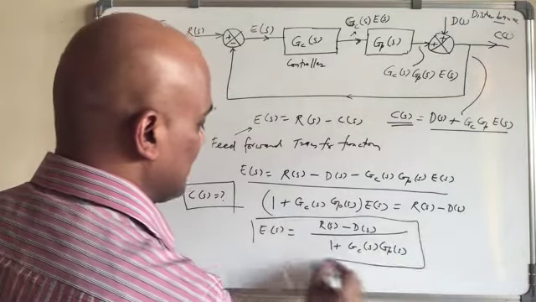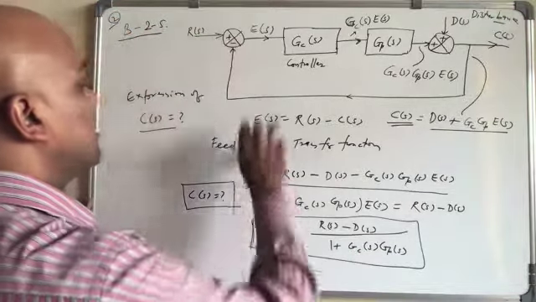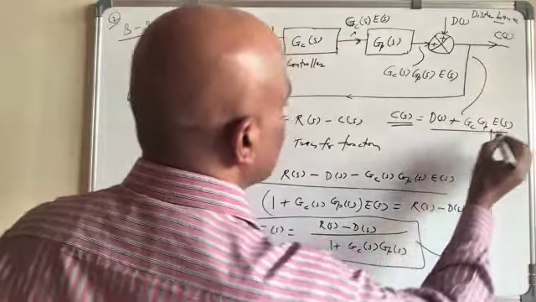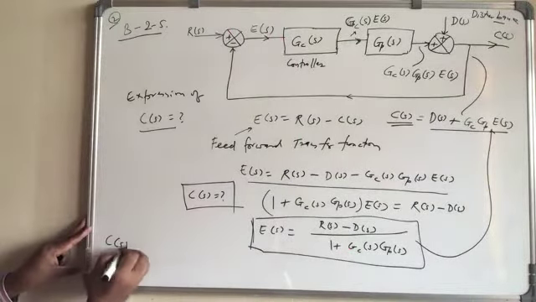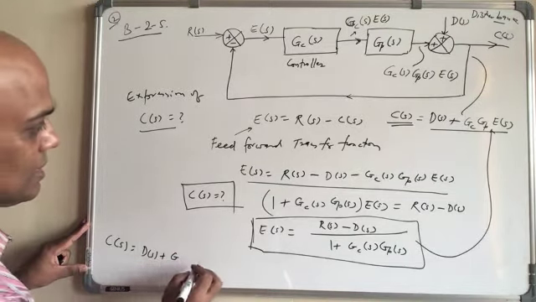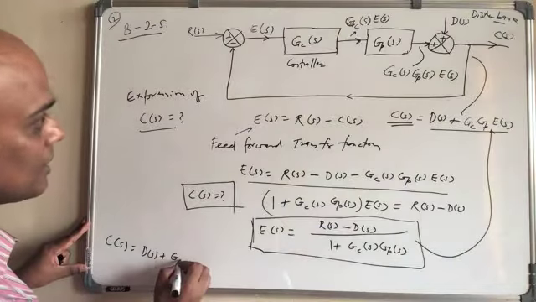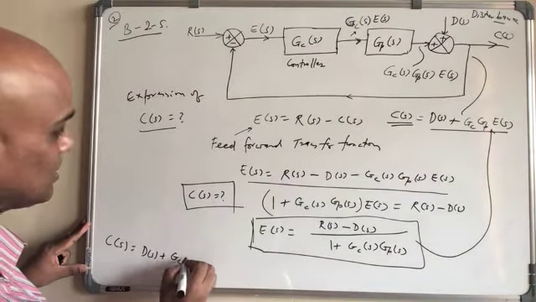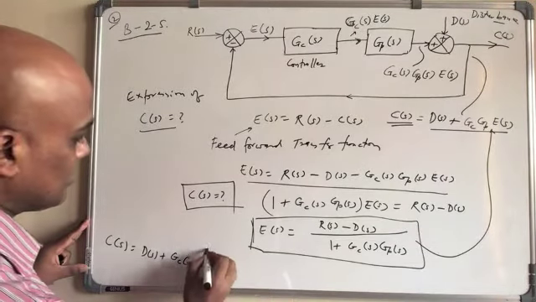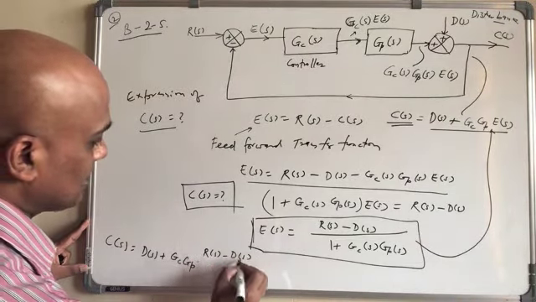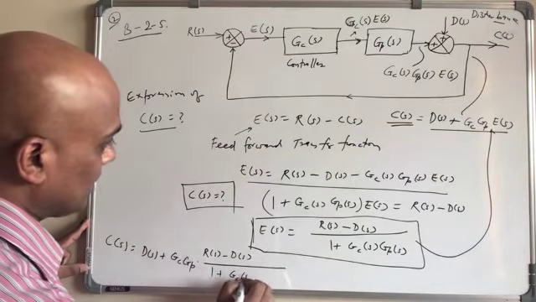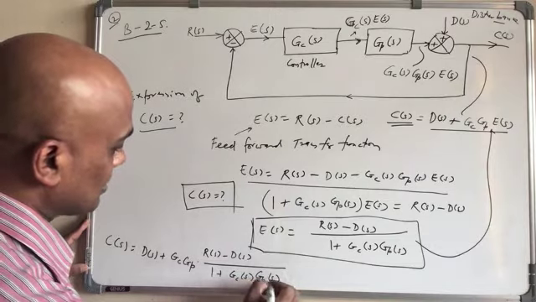So this is ES, or the error or feed forward transfer function, and then we use the value here, so we will find out CS. So CS will be equal to DS plus GC times GP times ES, where ES equals RS minus DS divided by 1 plus GCS times GPS.